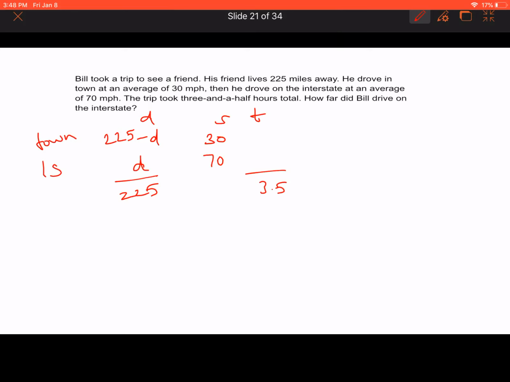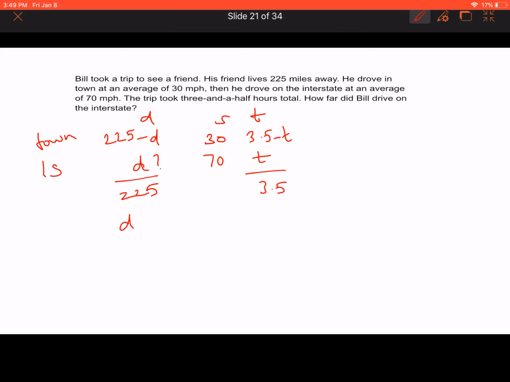Suppose we keep T as the time he traveled on the interstate, then the time taken on the roads of town will be 3.5 minus T, right? So now we have to find the distance.